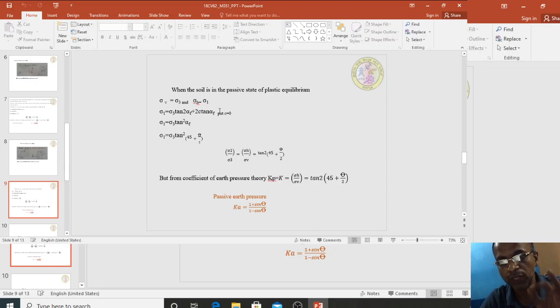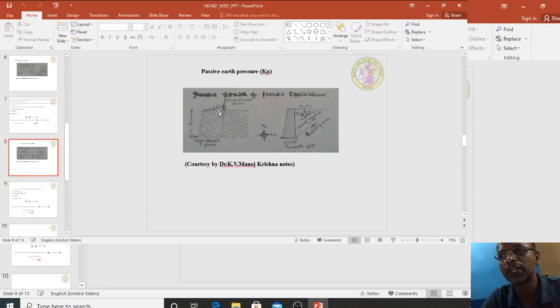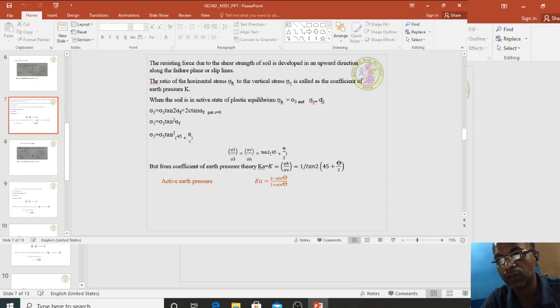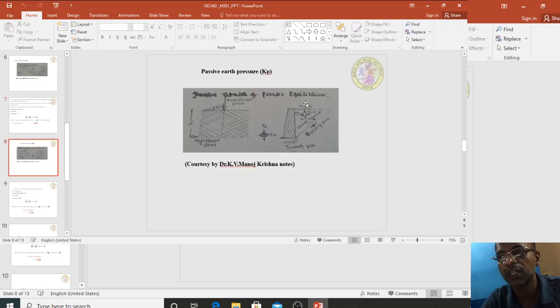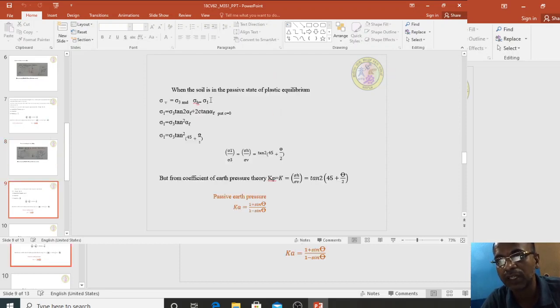That means whichever is sigma 1 will decide whether it is in the active earth pressure condition or the passive earth pressure condition. In the active earth pressure condition, sigma 1 is sigma v, therefore it generates the active earth pressure condition. In the passive earth pressure condition, sigma 1 is sigma h, the horizontal force, where sigma v is equal to sigma 3.